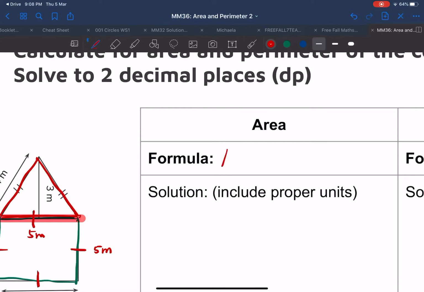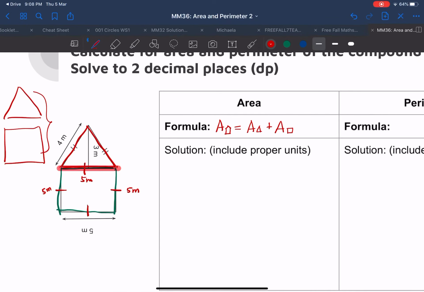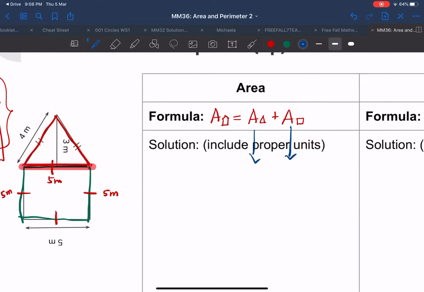So area of the compound shape, the house, is equal to the area of the triangle plus the area of the square, okay? The next step will be to write the actual formula of the triangle and square. Do not shortcut.